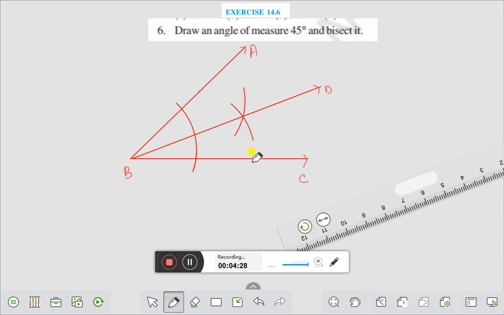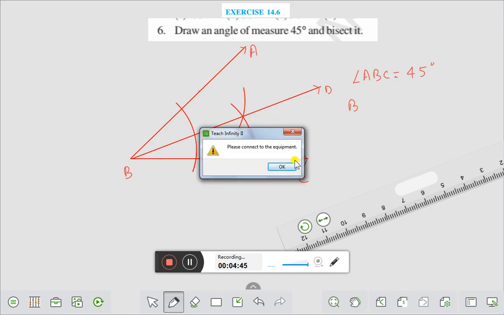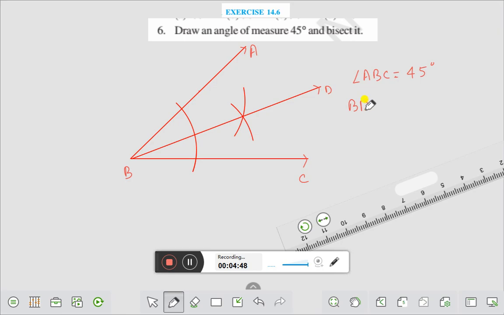Therefore we can say that angle ABC is equal to 45 degrees, and BD is the angle bisector. BD is the angle bisector of angle ABC.